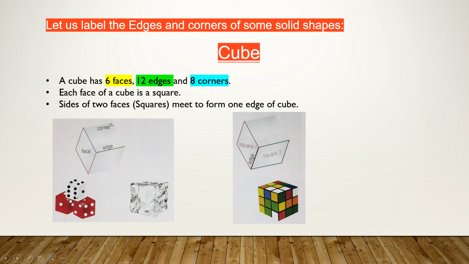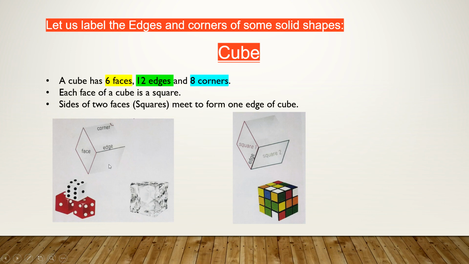So these 3 faces are visible in this cube, and one thing to observe, each face is the shape of a square. We have learned 2D shapes, and in a square all the 4 sides should be equal. So this is how these 4 sides are equal, and each face represents this square. So all these edges are of equal length, and it has 8 corners.